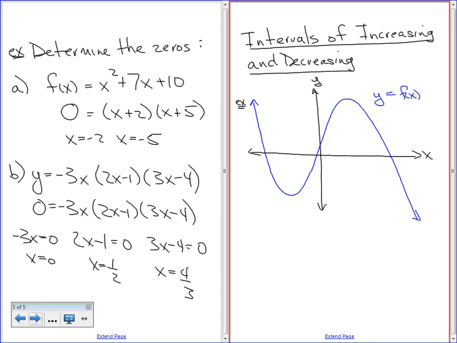Okay, so at some points this function is increasing, at some points this function is decreasing. And what I want to be able to do is identify that. When a function changes from going down to going up, or from going up to going down, the points at which it changes are called turning points.